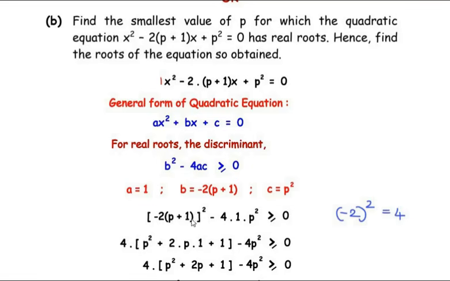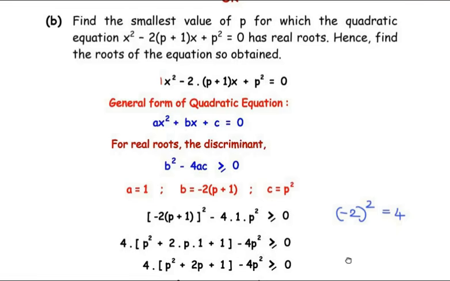So here this bracket expands as p square plus 2 times p times 1 plus 1 square, and 1 square gives us 1 minus 4 times 1 is 4 and 4 times p square is 4p square greater than or equal to 0.